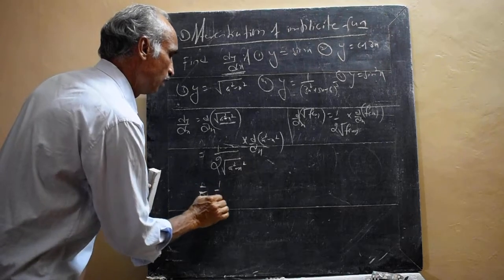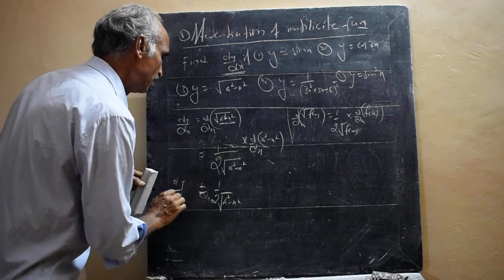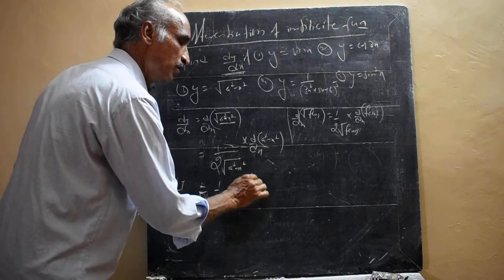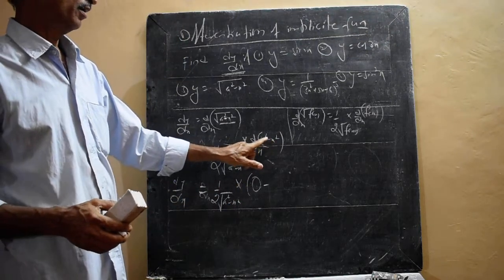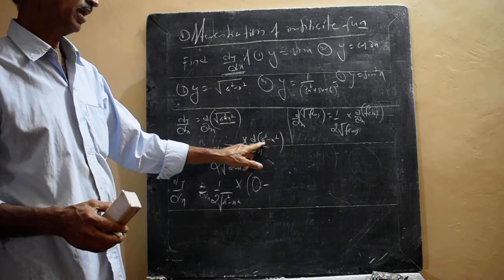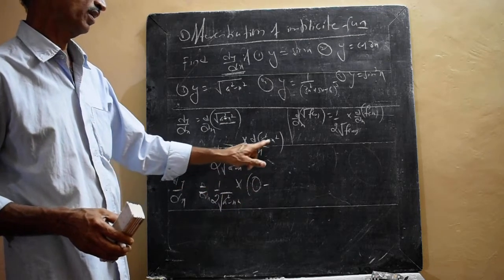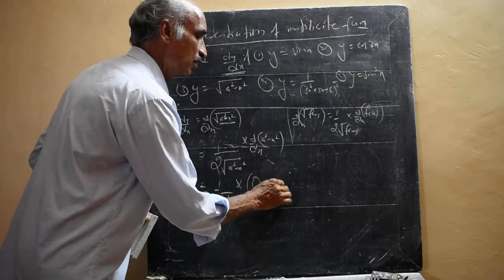That's equals to 1 upon 2 root a square minus x square, dy by dx into, with the a square differentiation constant 0 minus, now d by dx of a square is 0 because a is constant, then a square is also constant. Constant differentiation is 0 minus d by dx of x square. X square differentiation is 2x.